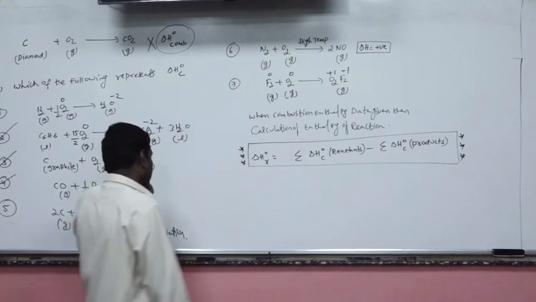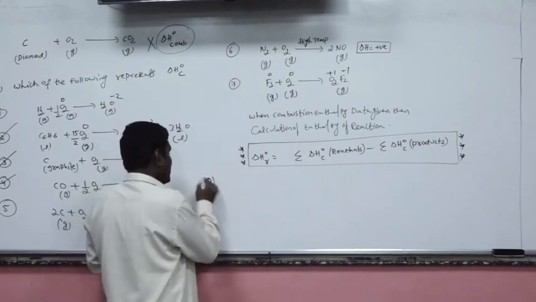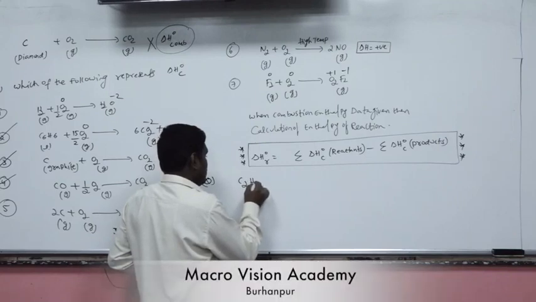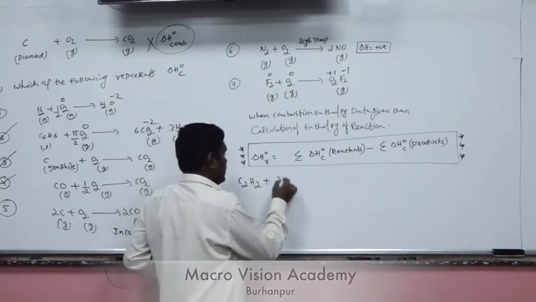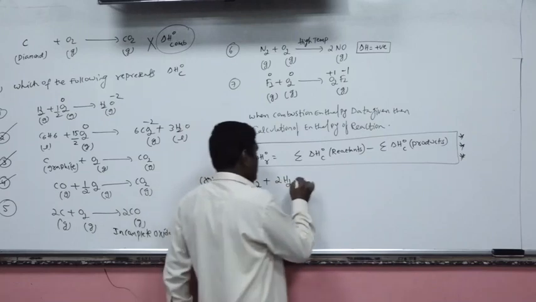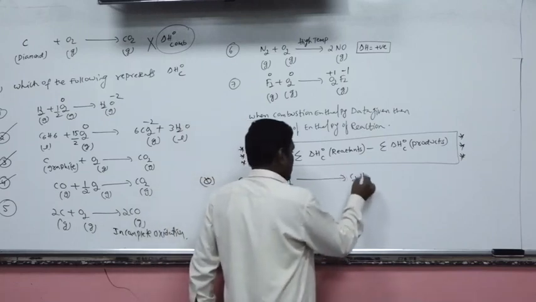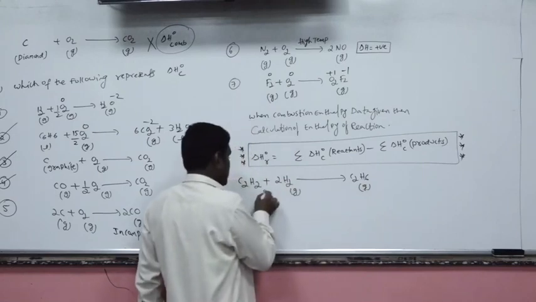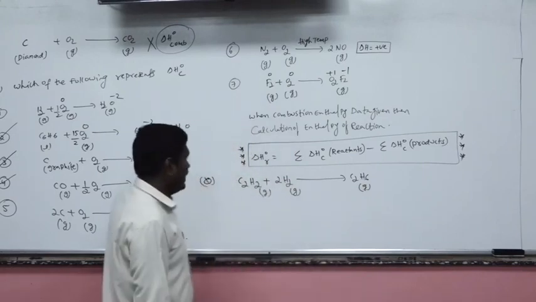Now, suppose the question is given like this: C2H2 plus 2H2 gives C2H6. This is the thermochemical equation.